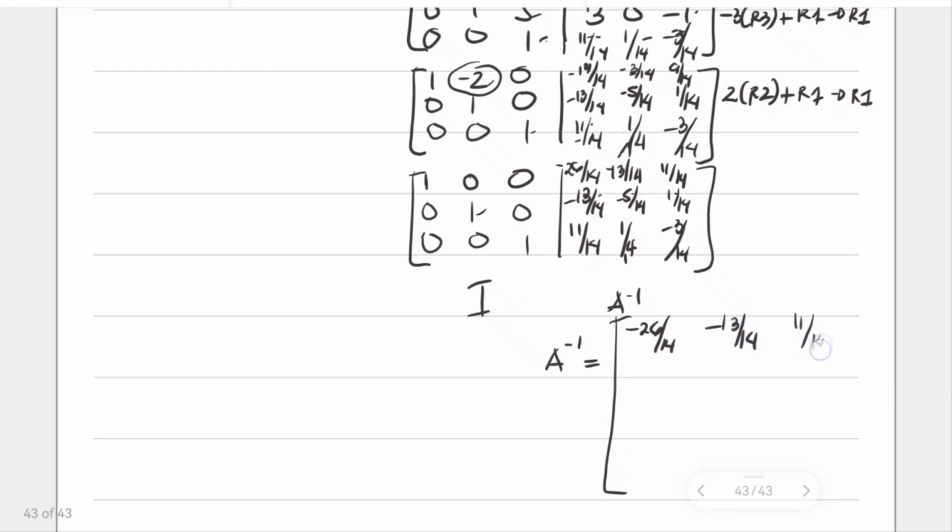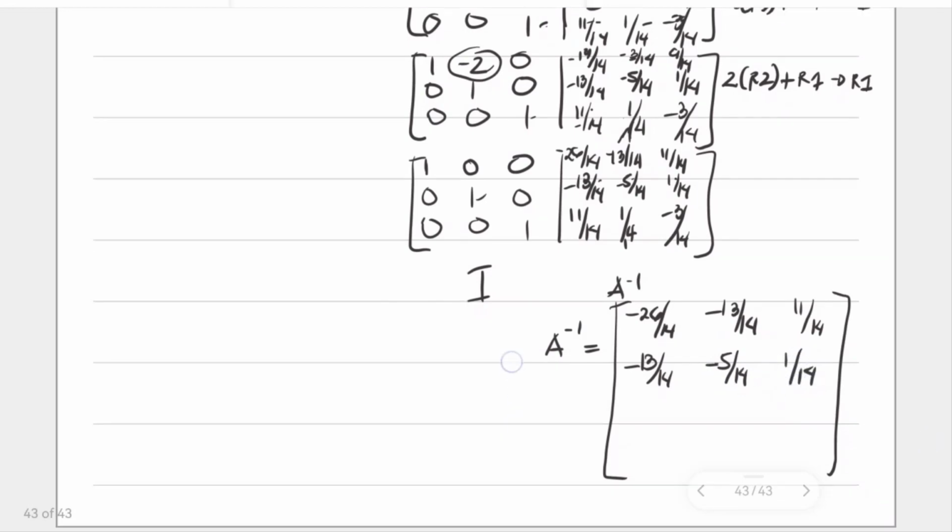This is for the first row. Second row, negative 13 over 14, negative 5 over 14, 1 over 14. Next, 11 over 14, 1 over 14, negative 3 over 14. Along the main diagonal, see if it's symmetric. Negative 13, negative 13, 1, 1, 11, 11.